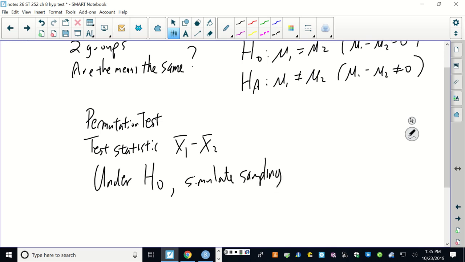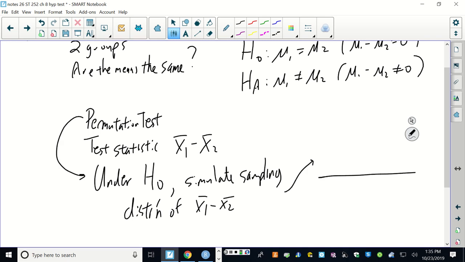Sampling distribution of the statistic. That's the nature of the permutations. Under the null hypothesis, this distribution is centered at 0, and there's some sampling distribution there.